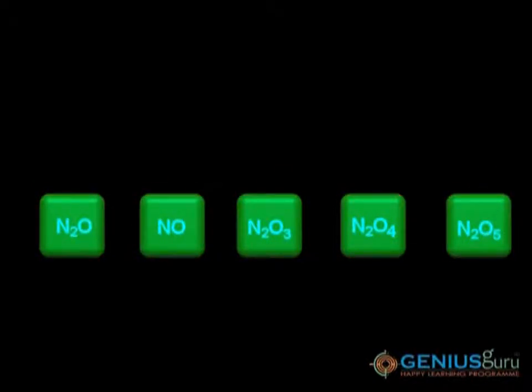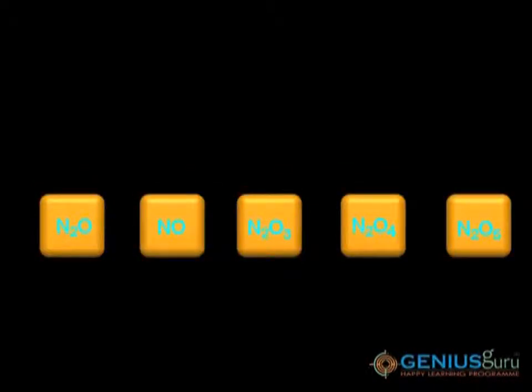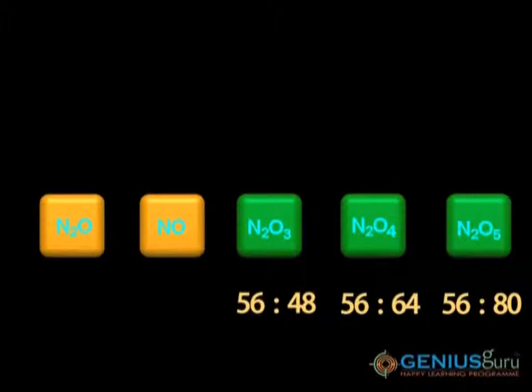These are nitrous oxide N2O, nitric oxide NO, dinitrogen trioxide N2O3, dinitrogen tetroxide N2O4, which is a dimer of NO2, and dinitrogen pentoxide N2O5. For the first one, nitrous oxide, the ratio of the elements is 28:16. For nitric oxide, it is 14:16. The remaining three oxides have their respective ratios.